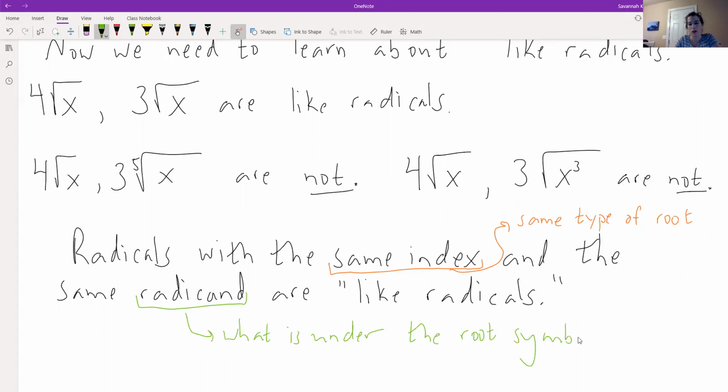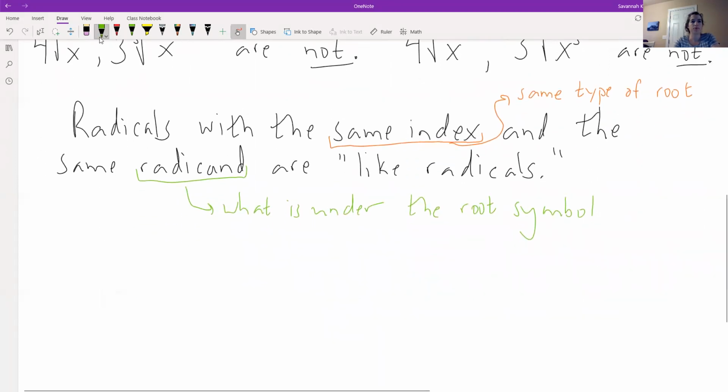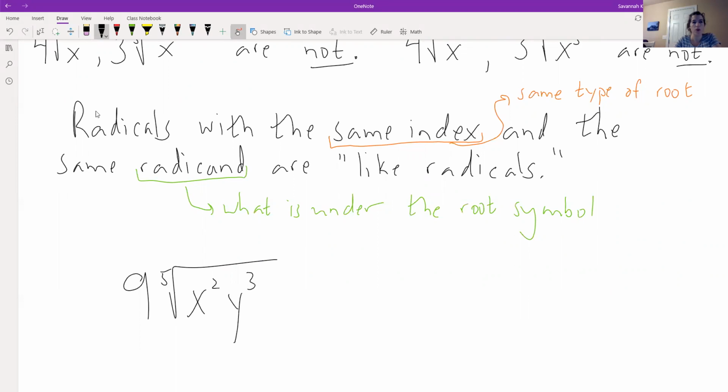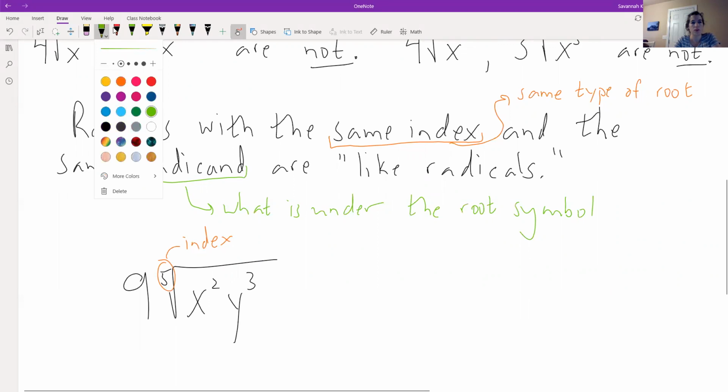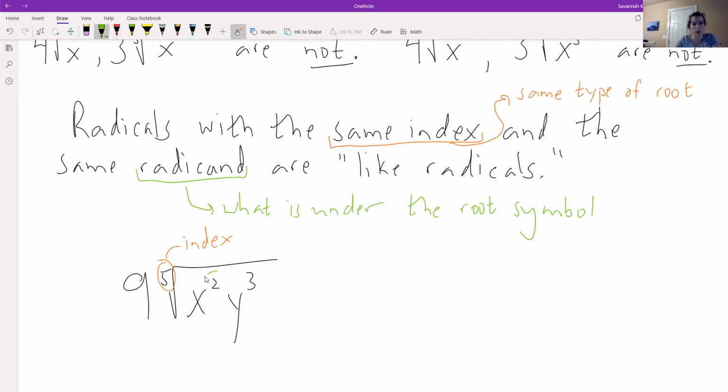Okay, so I'll just write out an example here. We have 9 fifth root of x squared y cubed. Here's our index. And here, this whole thing, anything that is not the root symbol itself, but is underneath it, is our radicand.